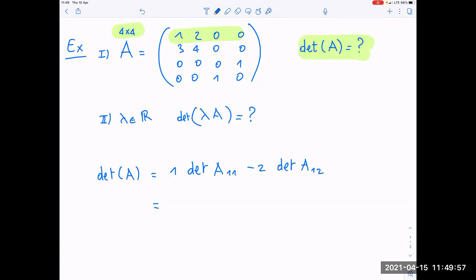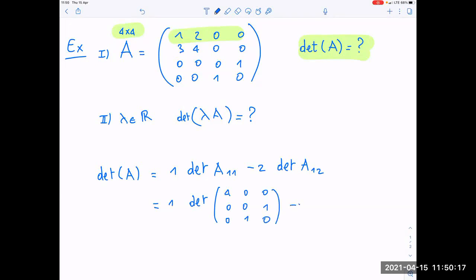Now let's see what these matrices are. This is the determinant of a 3 by 3 matrix, which is 4, 0, 0, then 0, 0, 1, and then 0, 1, 0.